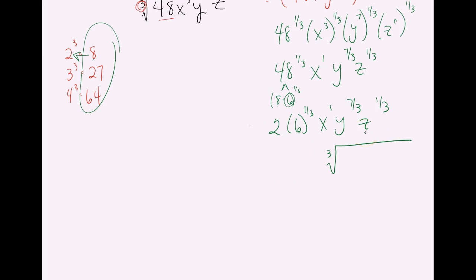Now, the stuff that's going to come out front is the stuff that now has just a normal exponent on it without the 1/3. So that 2 is actually going to go to the front because we pulled it out of this. And that x, whenever that 1/3 and that 3 canceled, it became a 1.